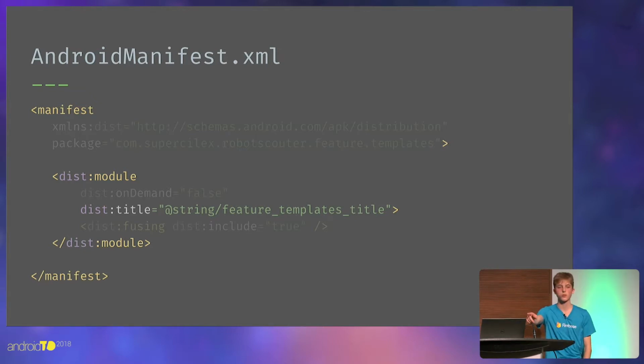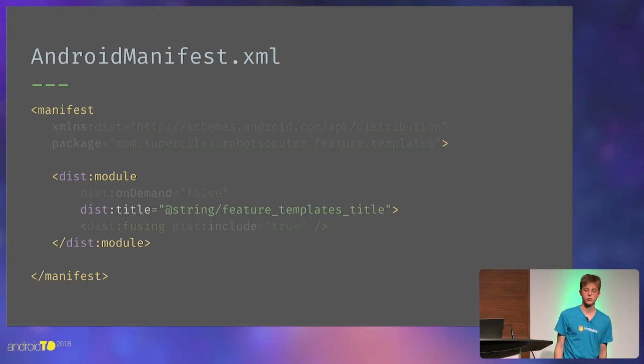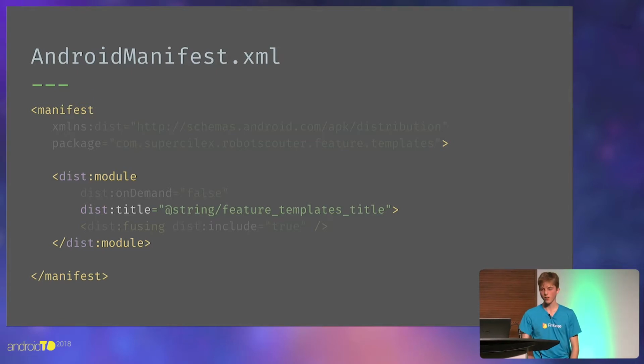So this title, your string, you're actually going to want to put it in your base module, not one of the feature modules, because it all gets combined back into one manifest in your base. So it wouldn't be accessible otherwise. And I think it just won't compile if you don't do that. So if you get an error like that, you just got to remember, oh, got to move it over.